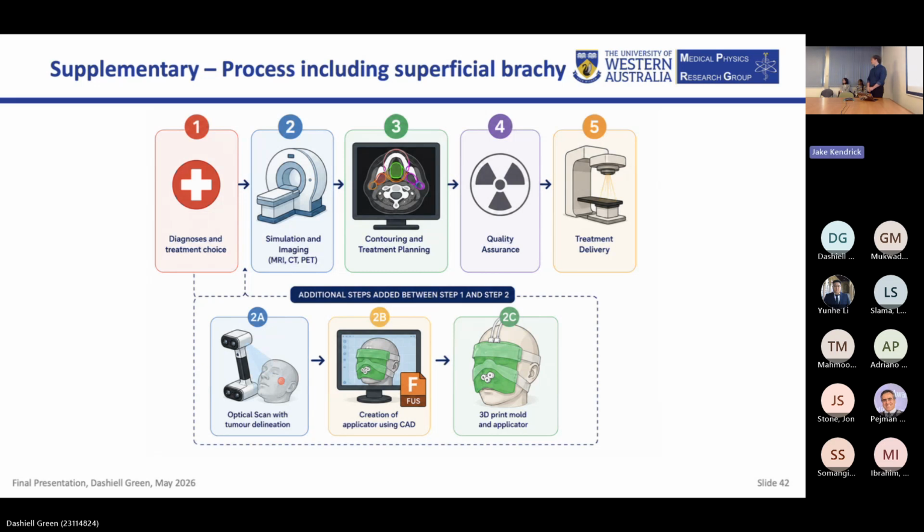So in comparing the Brachy to the Electron and VMAT, that was all comparing to a single superficial lesion. Was bolus used in the Electron? For both of them, yeah. They were created by Luke, and then I printed it out and we attached it to both of them.